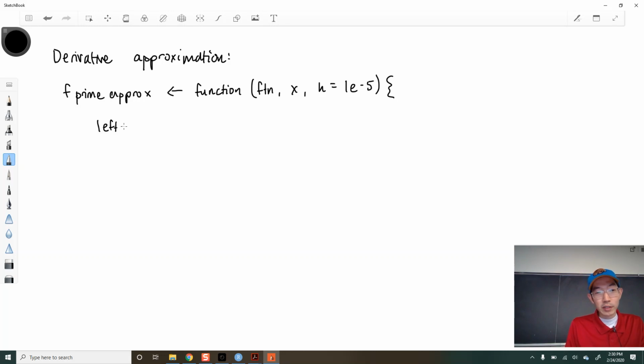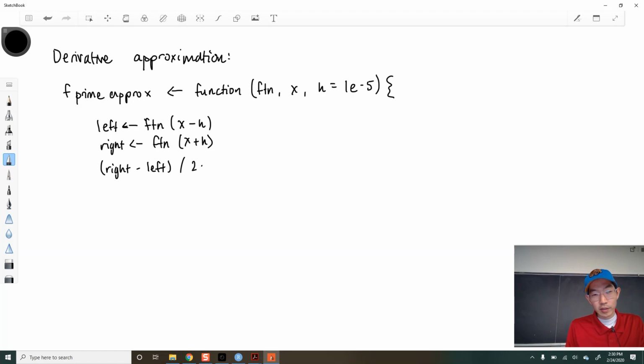On the left, I take the function of x minus h. On the right, I take the function of x plus h, and then we do the right minus the left divided by 2 times h, okay? This is what we do.